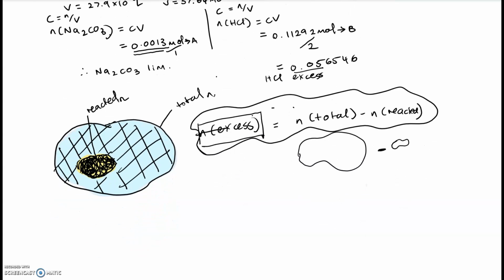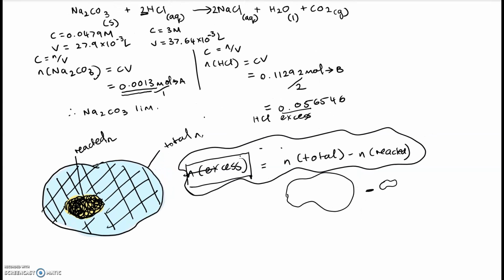So let's think about this. If we want to find the number of moles that reacted, we have to apply the stoichiometric ratio. And we have to use the limiting reagent in this stoichiometric ratio so we can get the number of moles of HCl here that actually reacted.